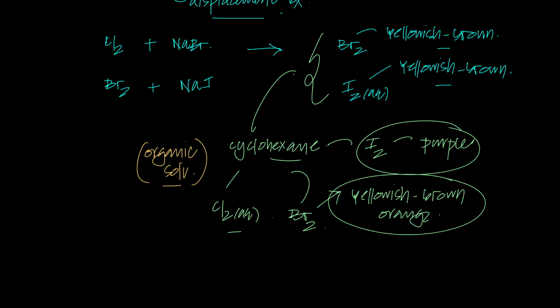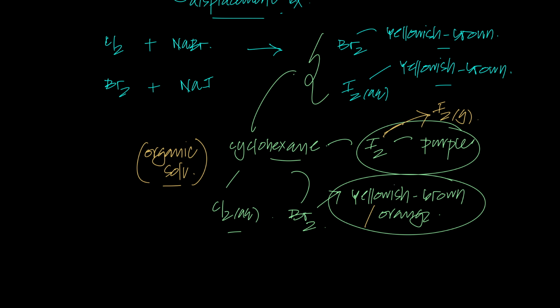For Br2, it gives you the yellowish brown color, or you could even call it orange. And I2 gives you a purple color, the same color that iodine has in I2 gas. You see beautiful layers forming, because cyclohexane is not miscible with water. So there are layers forming, and that's the idea.